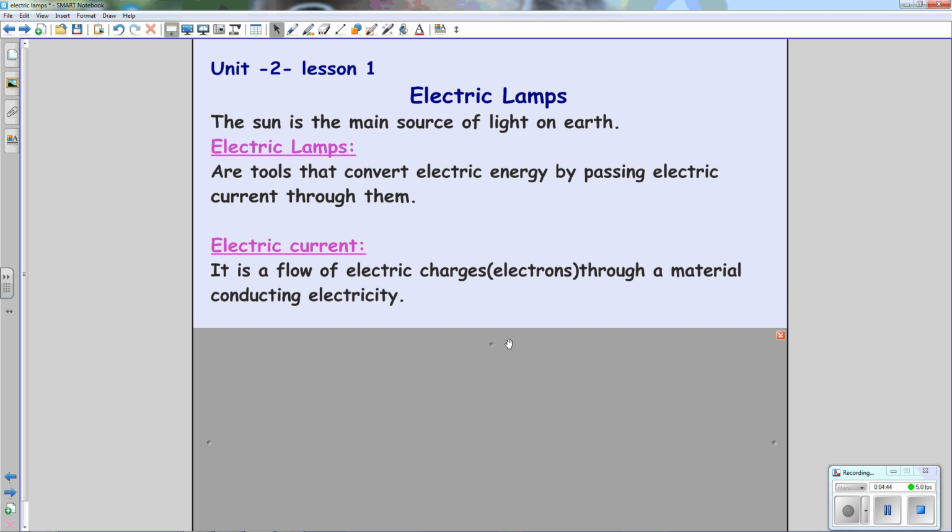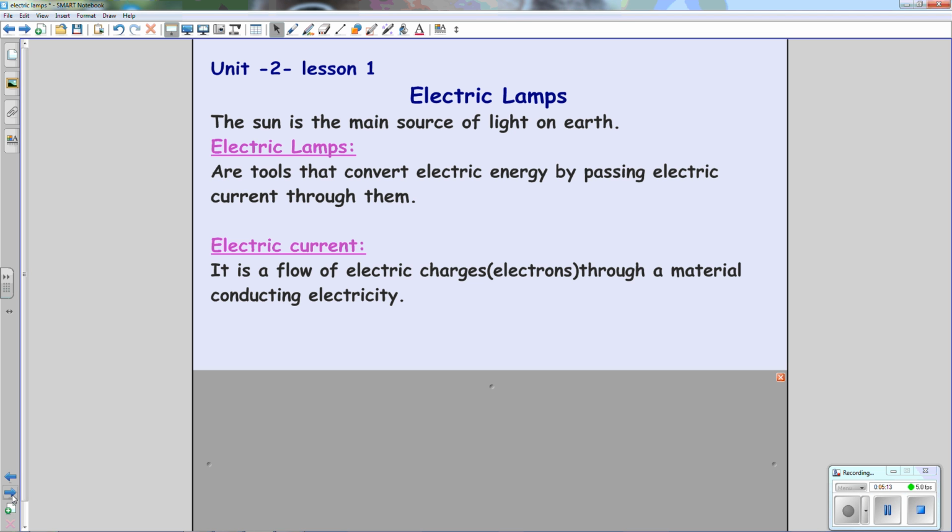We have seen now in the movie, it is a flow of electric charges, which are called electrons, very small particles, through a material conducting electricity. An electric current is a flow of electric charges through a material conducting electricity.